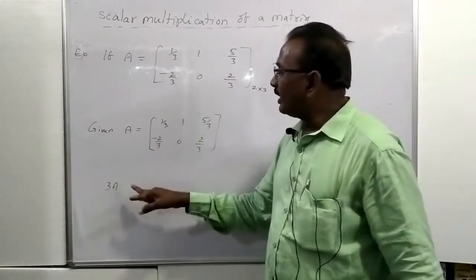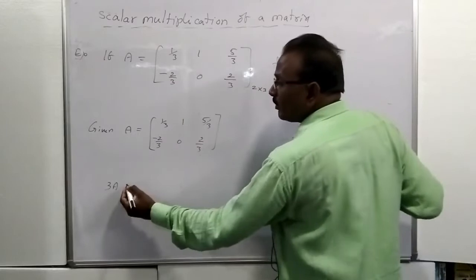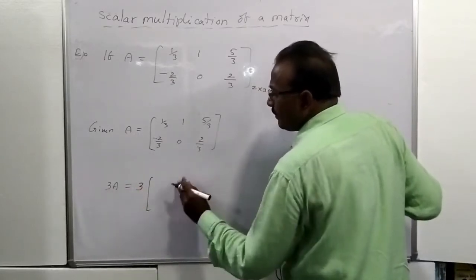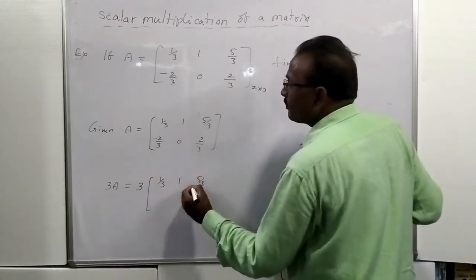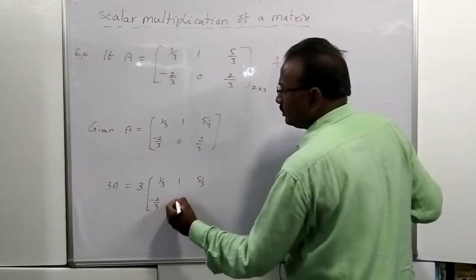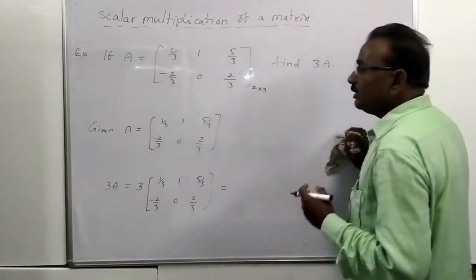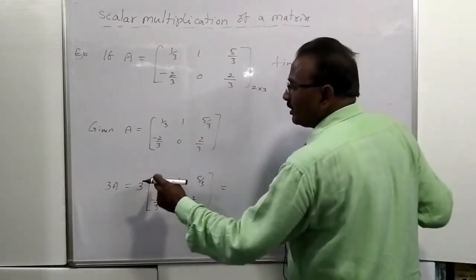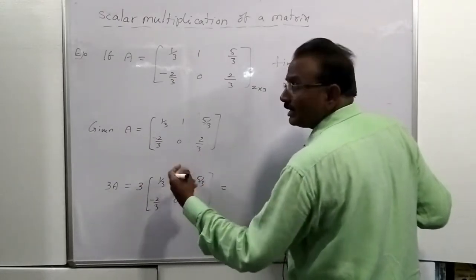If A is any matrix, scalar multiplication of a matrix is a matrix whose elements are obtained by, suppose here, 3 into A is equal to 3 into matrix A, which is [1/3, 1, 5/3; -2/3, 0, 2/3], which means you multiply every element of this matrix by 3.